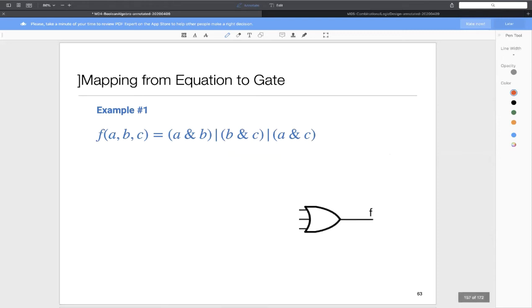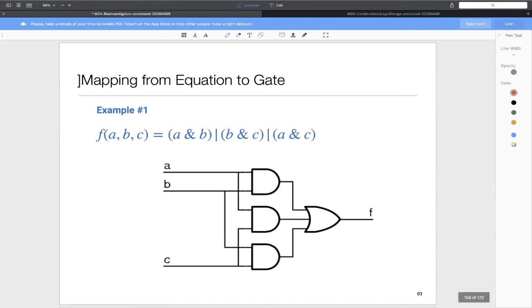My outer-level thing is OR, and it has 3 inputs, and then I have 3 ANDs, and then I have the ABCs. So I can take any expression, however complicated. In this case it has just 2 levels, but you can apply this principle. Always start from the highest level, which means closest to the output, and then work your way backwards.